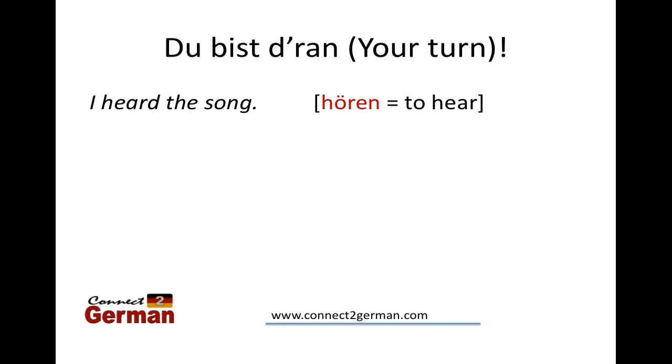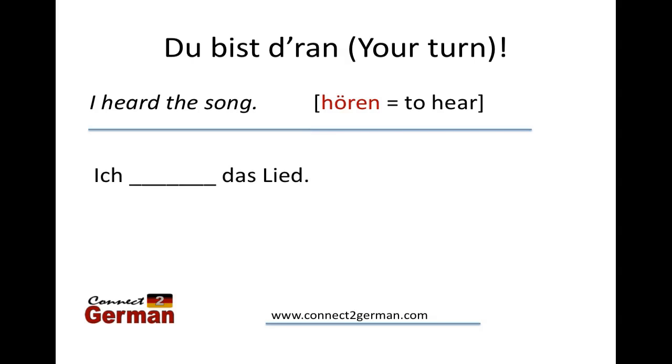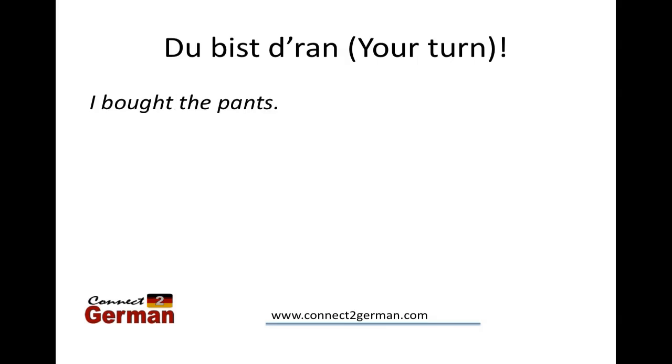So now we have to form the past tense in order to say, I heard the song. Here's our template. So we have I blank the song. All right, and that form, if you got it, is hörte. Ich hörte das Lied. I heard the song.